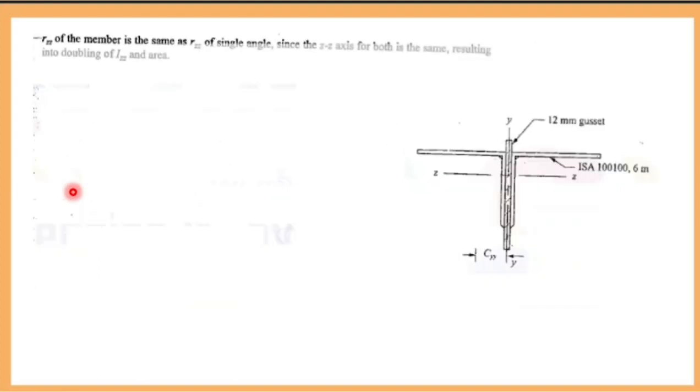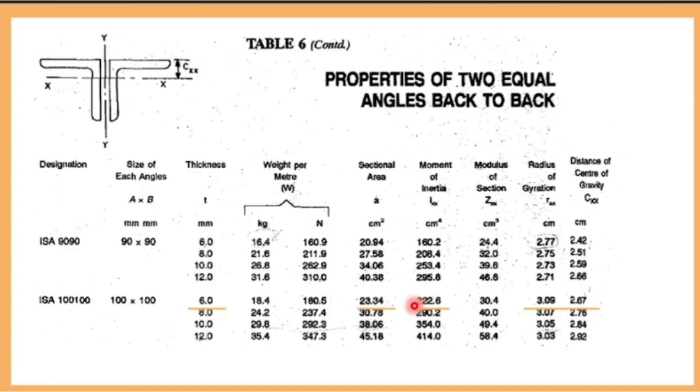Okay, now after taking this, find Iyy. Iyy plus area into distance square. What is your Iyy? Do you have the moment of inertia about the y-axis for this angle section? 222.6. Note that this is an equal angle section, so your Ixx and Iyy will both be the same. Why?